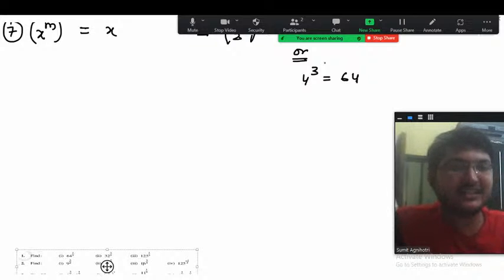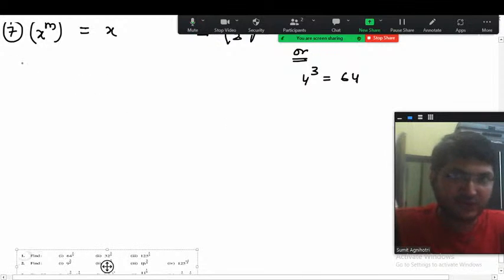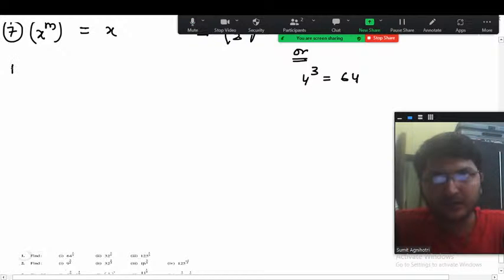Now we will consider some exponents that are non-integral type. But before that, I'm just allotting some questions. Solve them as your class work. Right now you solve them.